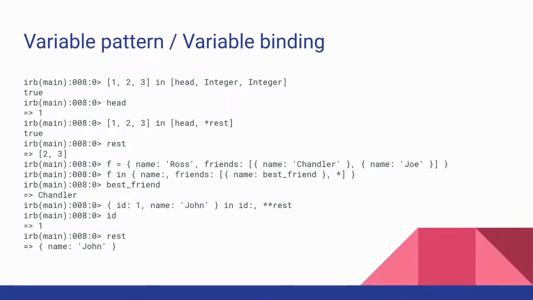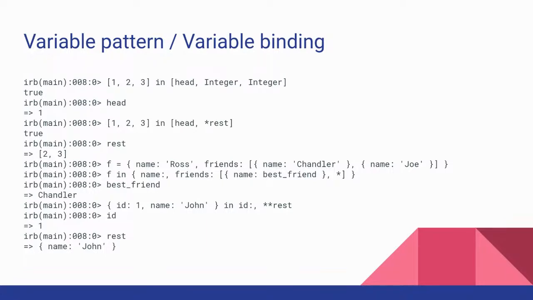Like we have the rest operator, as we saw in the other slides, we can use the rest operator and use this variable pattern to match this and extract this into a local variable.